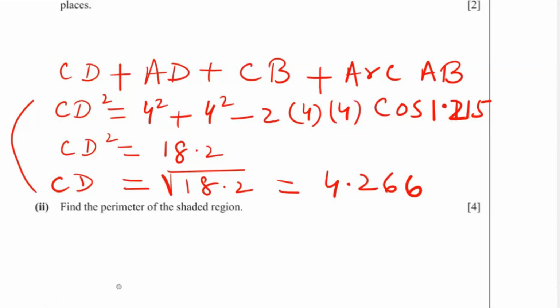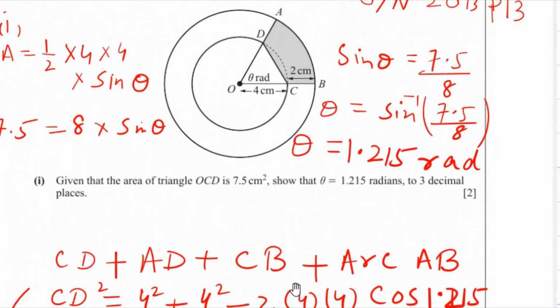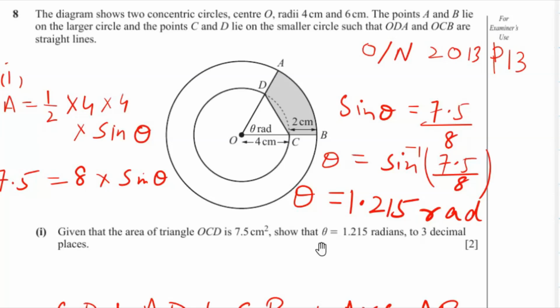Now, what is AD and CB? As you know, in the question, the radius of the large circle is 6 centimeter, and the radius of the smaller circle is 4 centimeter. So, 6 minus 4 is 2.